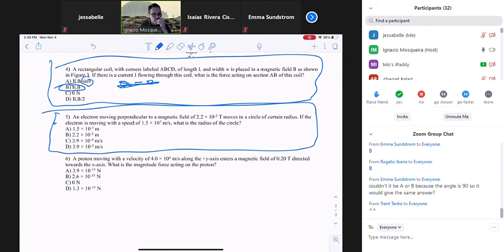You have to remember how to get the radius of curvature in order to answer that question.